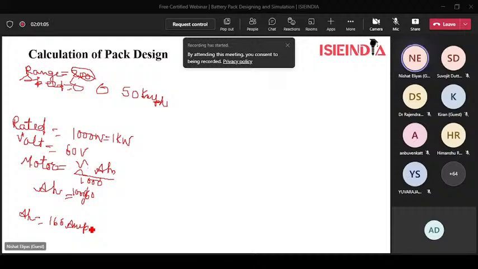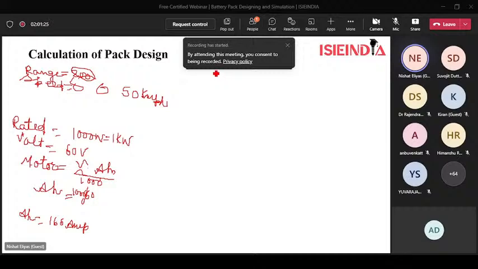Now we are considering the range, and let us suppose that when we put the vehicle on full acceleration, there is 5% extra load on the battery. So we will add 5% more to the capacity, that is the ampere hour.